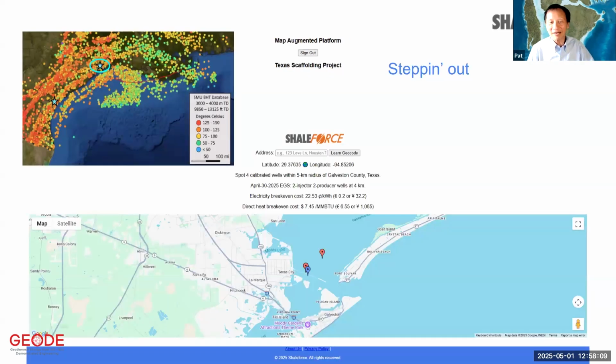All right, stepping out, just as in Joe's presentation an hour earlier, the first location was near Galveston Bay, and here I just want to quickly check Galveston County. There were 4 calibrated wells, and from them, you know, we derive what the opportunity may be from a break-even perspective for a new geothermal development and direct heat.